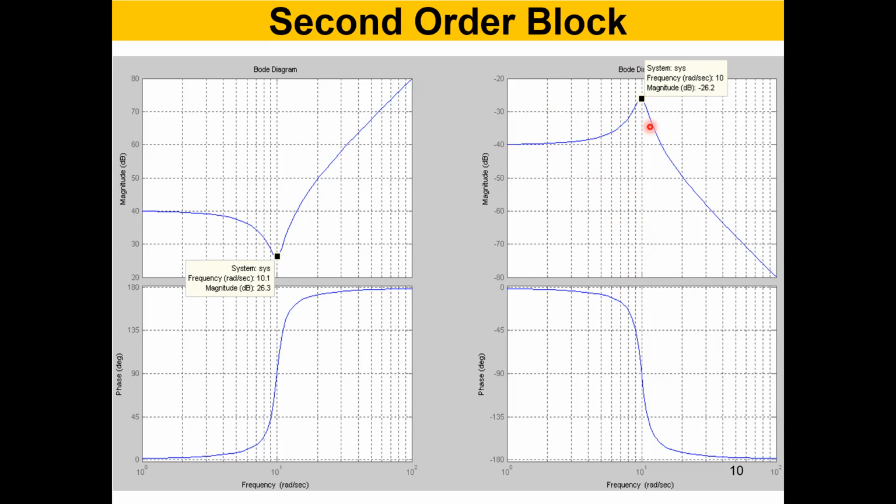So that is about negative 26.2, and then it drops. And for the phase, it goes from 0 to minus 90, and then eventually to minus 180 degrees. Now, this is how the magnitude and phase change, right?